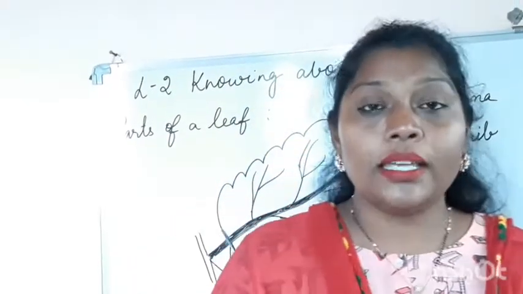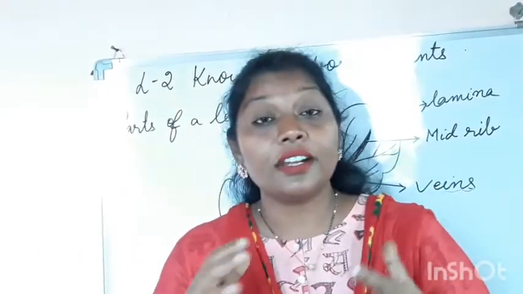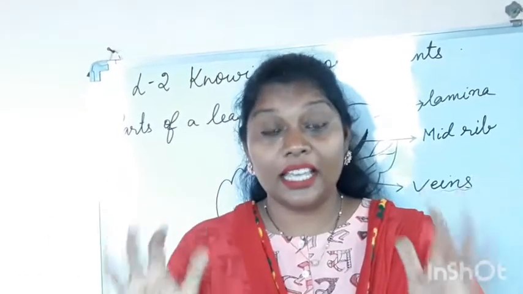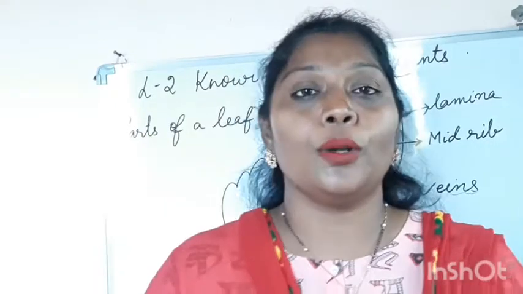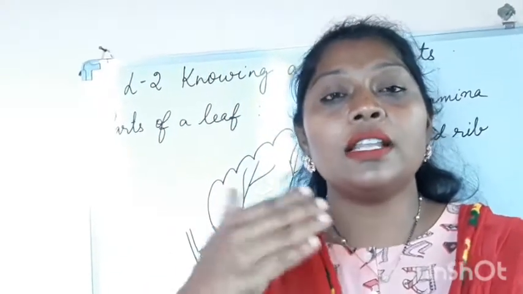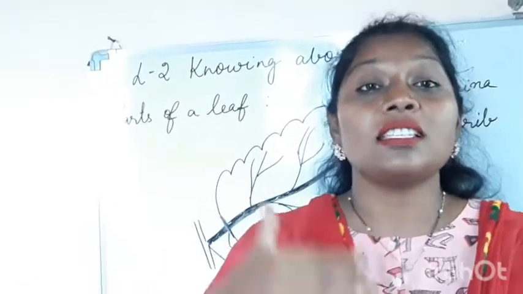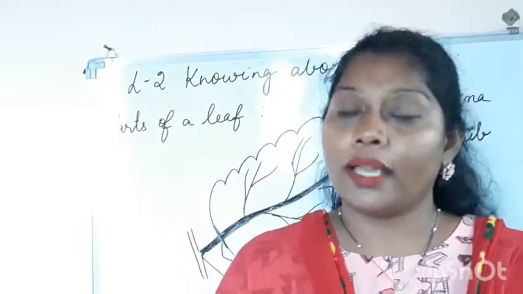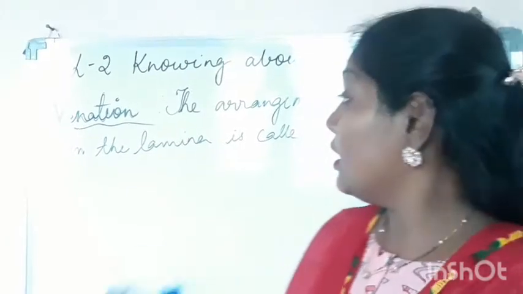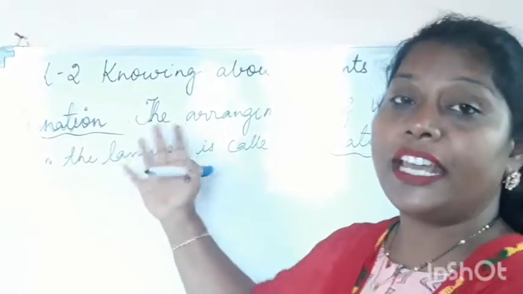Now go to your garden, collect different sizes and shapes of leaves and stick them in your notebook. Now we will learn about all these parts in detail so that we will know their functioning. Okay children, now let us learn about venation.